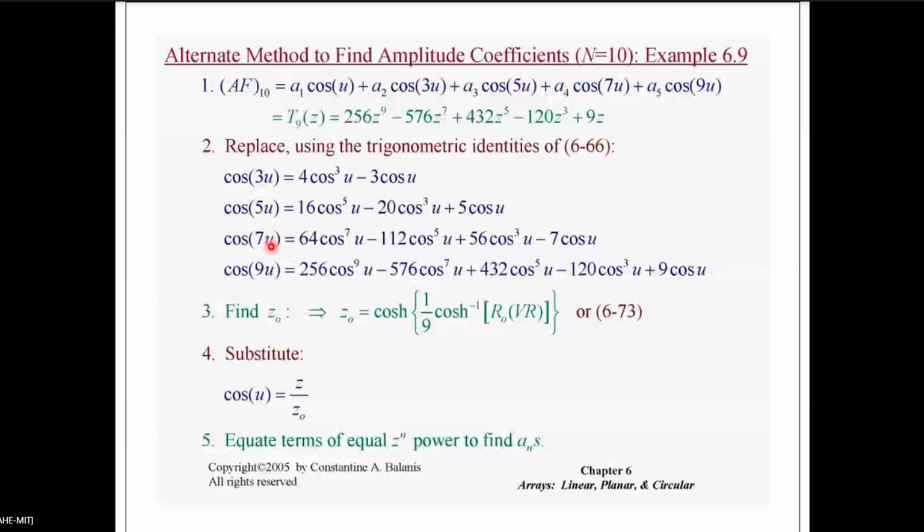Have you noted down? For m equal to 1, cos mu is equal to cos u.